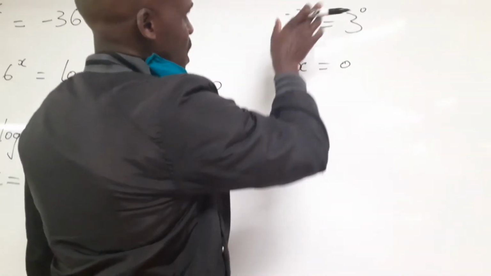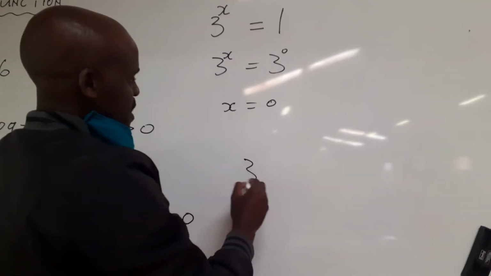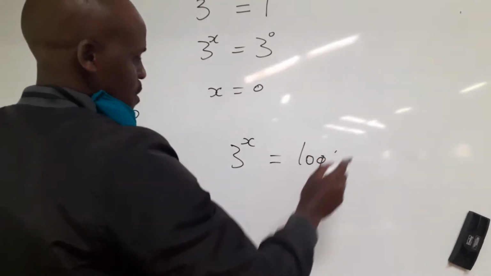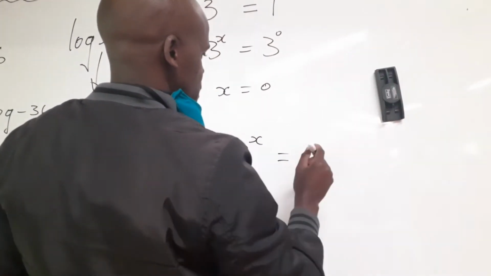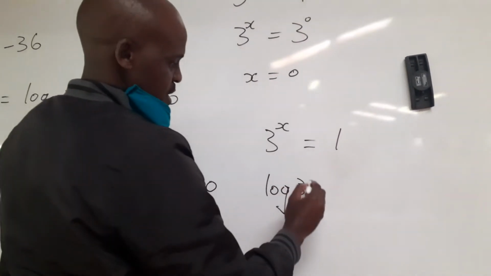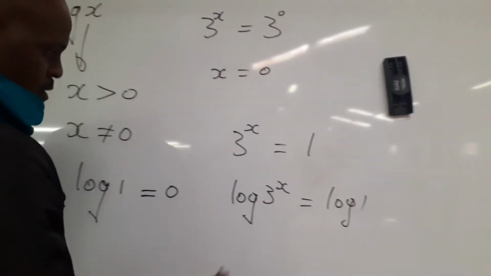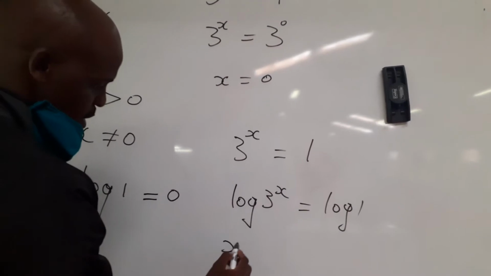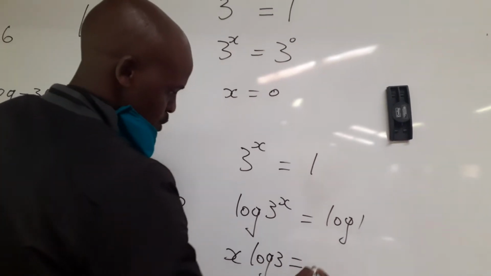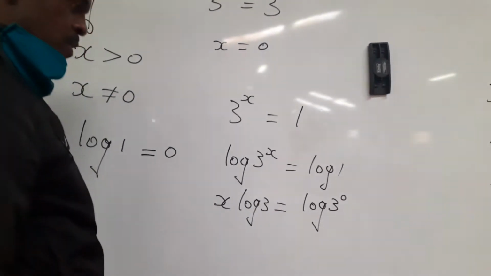Same as that. When you are to introduce log there, it will be 3 exponent x equals 1, and then we are to solve for x. It's log 3 exponent x is equal to log 1. We multiply, it's x log 3 is equal to log 3 exponent 0.